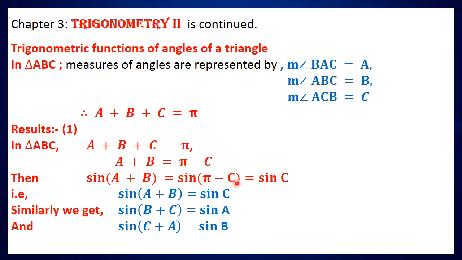So we get the result sine of A plus B is equal to sine C. Similarly we get the result sine of B plus C is equal to sine A and sine of C plus A is equal to sine B.